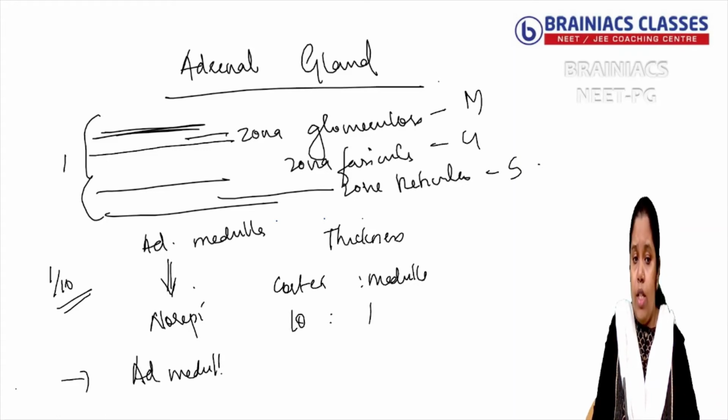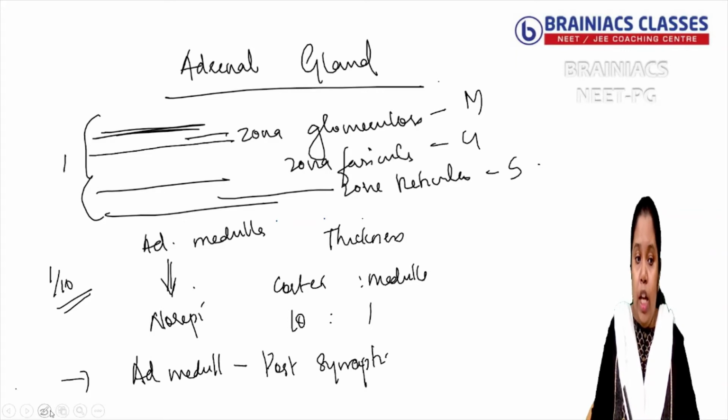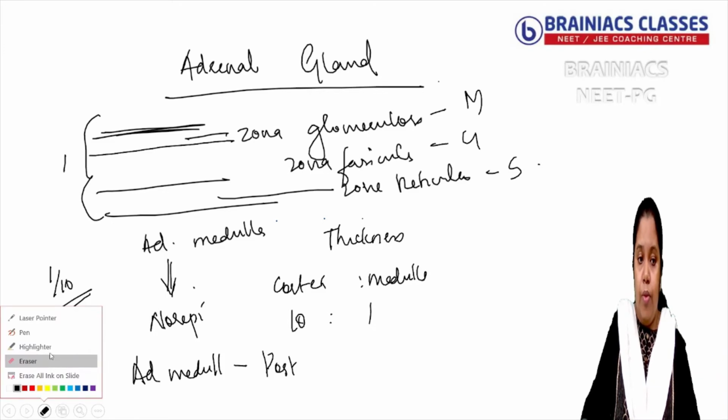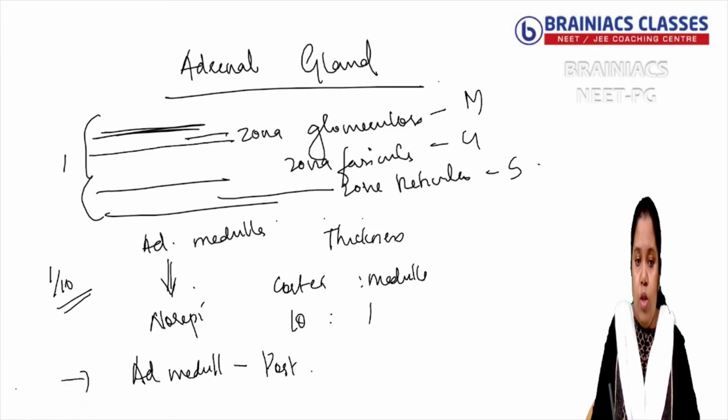What type of supply do the adrenal medullary cells have? They have post-ganglionic sympathetic fibers.